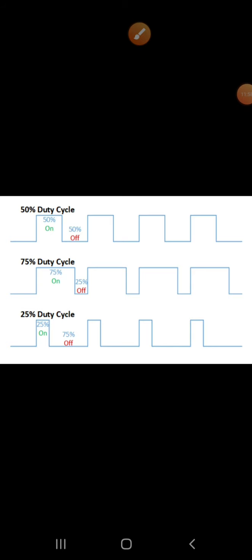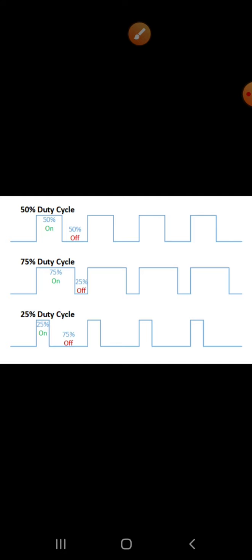When a digital signal has a duty cycle of 50%, it resembles a square wave. When a digital signal spends more time in the on state than the off state, obviously the duty cycle is greater than 50%. When it spends more time in the off state, the duty cycle is less than 50%.